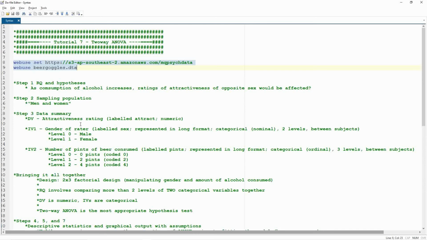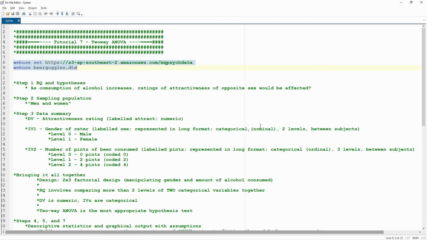Step 3, data summary. So our DV is the attractiveness rating of someone of the opposite sex. In our dataset, this is called attract, and it's numeric. Our first categorical IV is the gender of the rater, so this is the person who's consuming the alcohol. We call this sex in our dataset. It's in long format, so we have a single column called sex with zeros and ones for males and female.